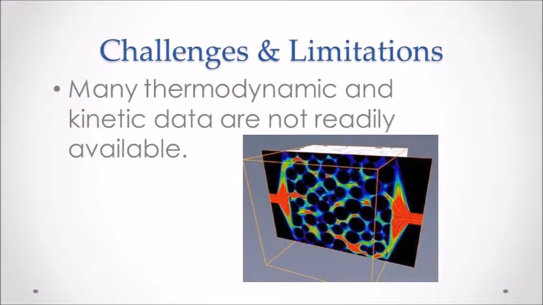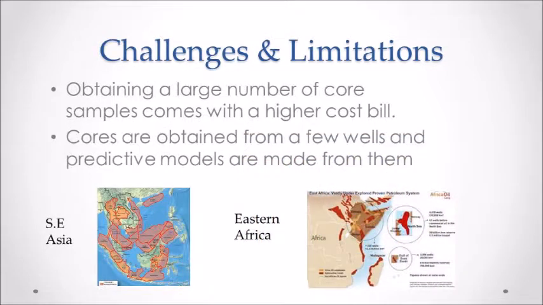Firstly, many thermodynamic and kinetic data are not readily available. This data is key in quantifying mass transfer processes which may affect formation characteristics such as porosity and permeability. The second challenge is that obtaining a large number of core samples to effectively use multivariable regression comes with a higher cost bill for coring and laboratory analysis. Usually, cores are obtained from a few wells and predictive models are created to estimate permeability.